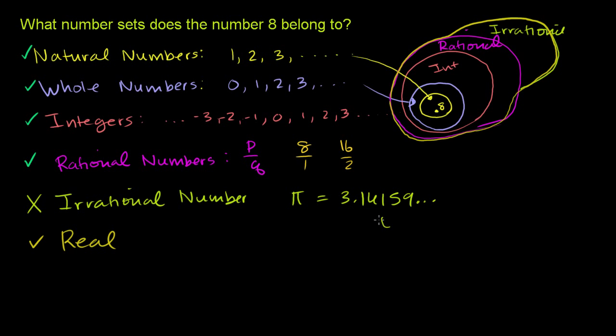This is non-repeating. If it was repeating, you actually could express it as the ratio of integers, and we do that in other videos. It is non-repeating and non-terminating. So you never run out of digits to the right of the decimal point. So this would be the example of an irrational number. So pi would sit here in the irrationals.